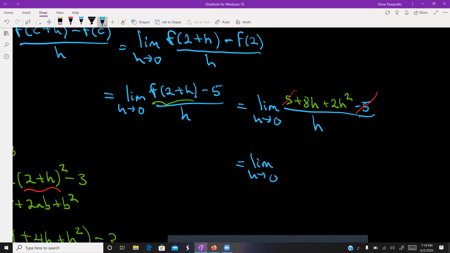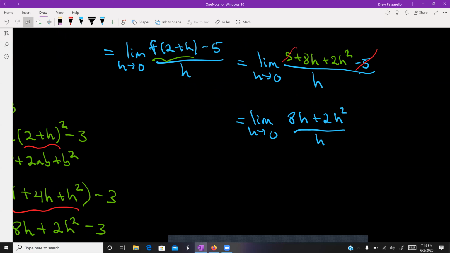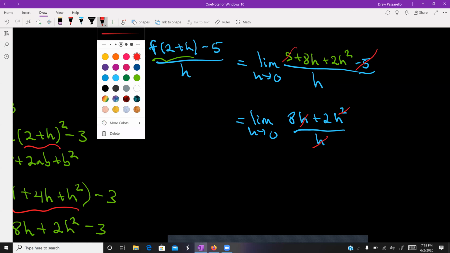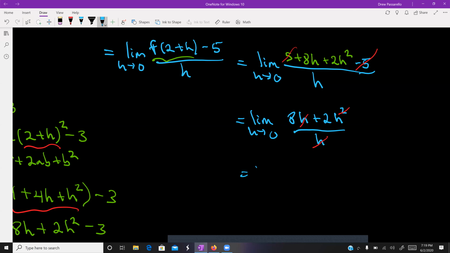That leaves me with 8h plus 2h squared, divided by h. Now all the terms have h, and I can divide out h. If I factor out h and divide by the common factor of h, that cancels the h in the denominator with the one in 8h, and takes an h from 2h squared to make that just 2h. So now I just have 8 plus 2h.